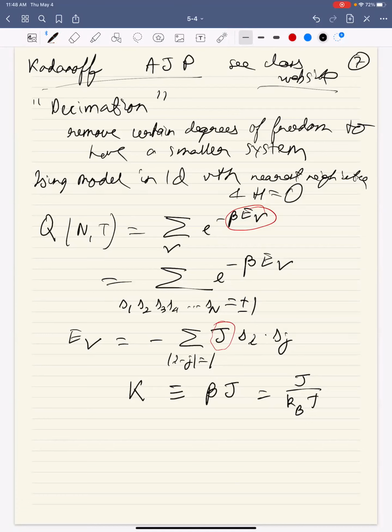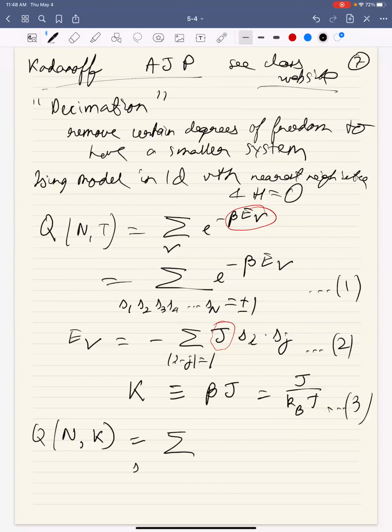So let's call this equation number 1, this equation number 2, this equation number 3. So what becomes the value of Q? Now I can think of Q as a function of N, comma K, right? Because temperature's role has been replaced by K. Temperature comes only through beta, and now we have K. So what is Q of N, comma K going to look like? We go over every spin S1, S2, S3, ..., Sn equal to plus minus 1. And what should I have here?